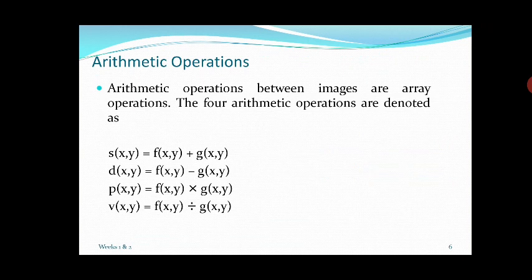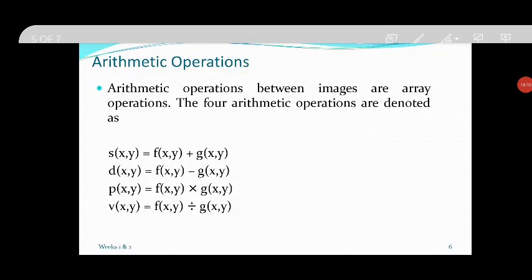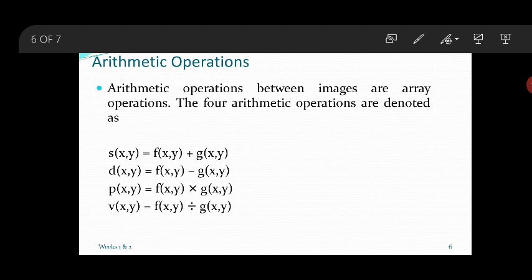Now, what are the various arithmetic operations you can carry out in image processing? Addition, subtraction, multiplication, and division also you can carry out. In further classes we will discuss how the operations are to be performed. Most of the time we use plus, minus and multiplication.